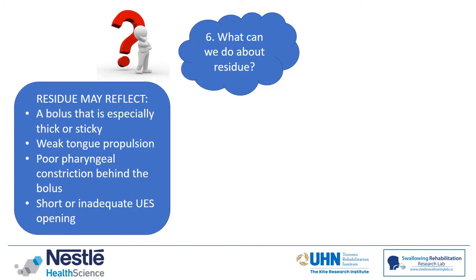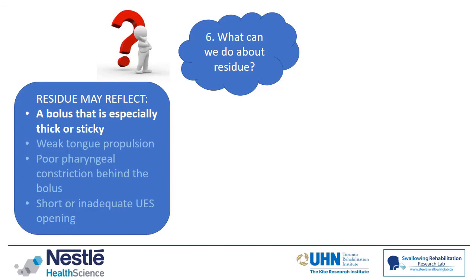Earlier, we highlighted extremely thick or sticky boluses, weak tongue propulsion, poor pharyngeal constriction, and issues with UES opening as mechanisms contributing to pharyngeal residue. With respect to the bolus, as clinicians, we should consider whether our patients are having greater difficulty with extremely thick or sticky boluses.